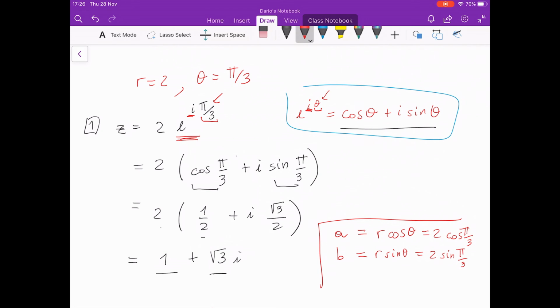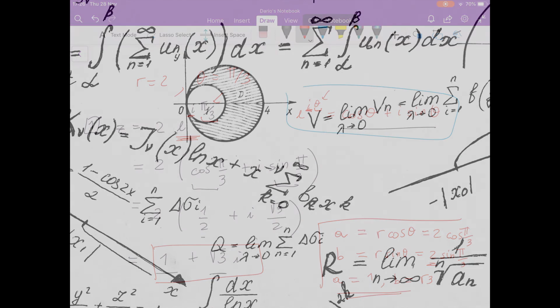So a is equal to, well, we know that the cosine there is 1/2 times 2, so that's going to be 1, and b is equal to 2 times square root of 3 over 2, which is square root of 3. So we could have found exactly the result of this exercise by applying those formulas.